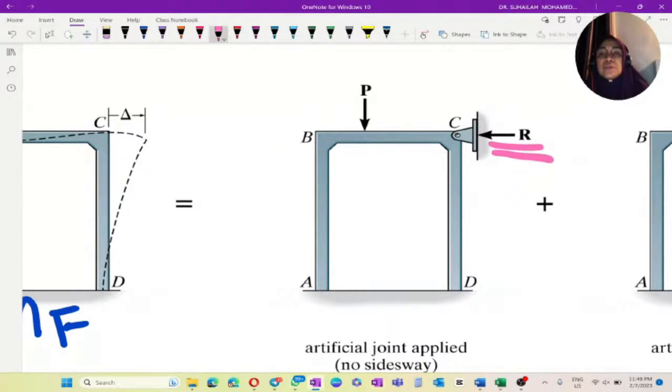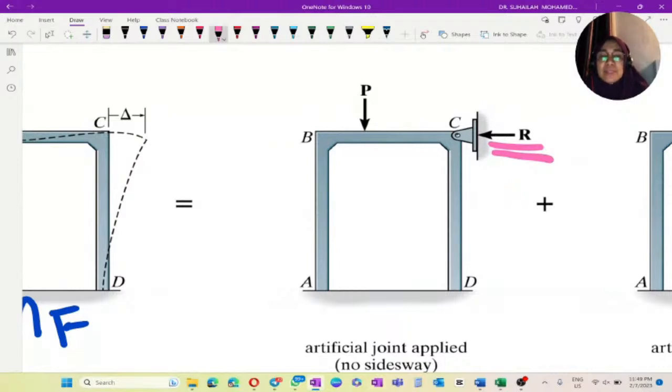By putting this pin support, the frame is now properly restrained. The properly restrained frame cannot move. Analyzing this frame is actually table number 1.